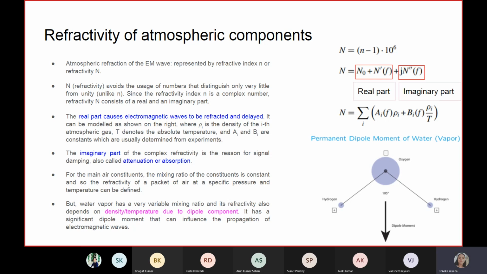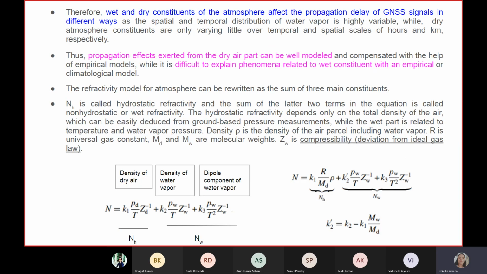We have discussed how the permanent dipole moment of water gives different delay characteristics, or influences the propagation of electromagnetic waves in a different way than the other dry constituents of the air parcel. So for the refractivity of the troposphere, we need to understand how the dry part and the wet part are obtained.